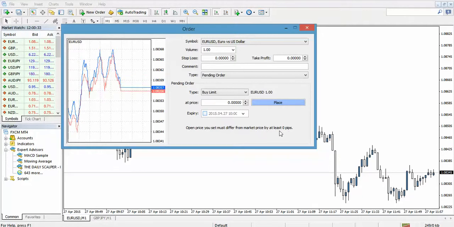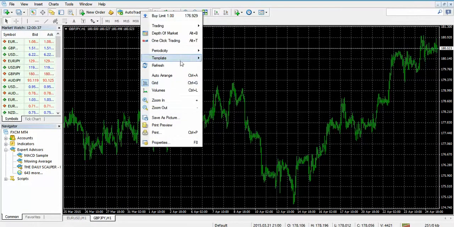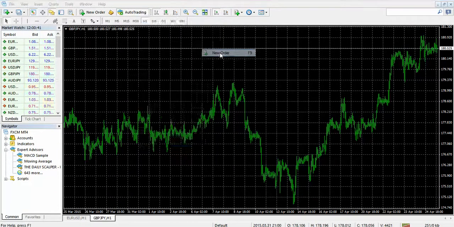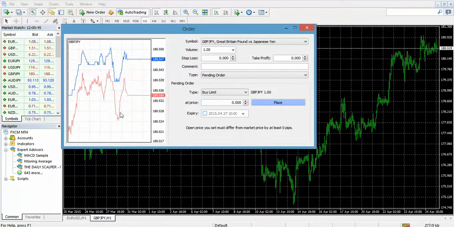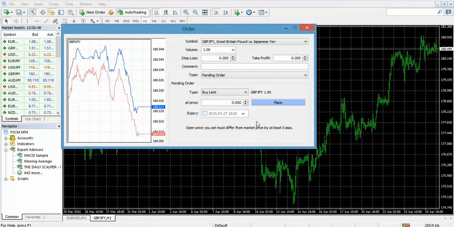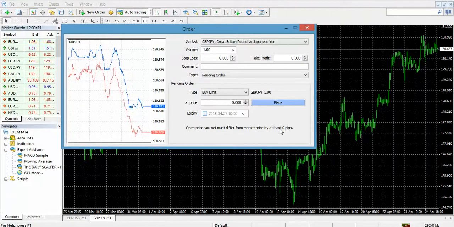And again, let's just have a look at the pound yen. Sometimes it varies. So whenever you're setting your EA up on a pair, be aware. As you can see on FXCM, because it's a commission-based account, we don't really get those limits, so it's not applicable. But some brokers out there will have a limit, so be aware of this.